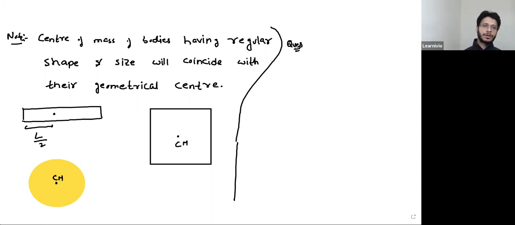Now, if you have a system having more than one rigid body, say you have this system of 3 spheres. All spheres are identical, and all have radius r.